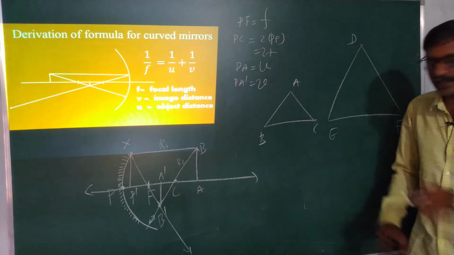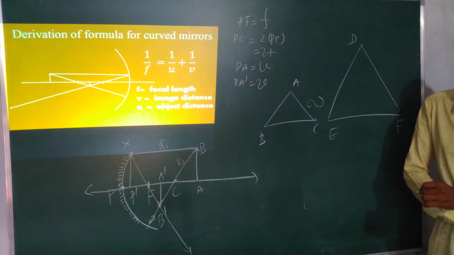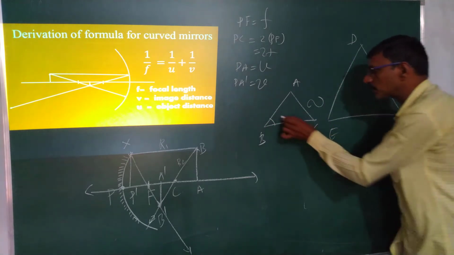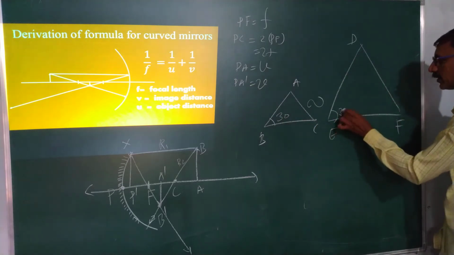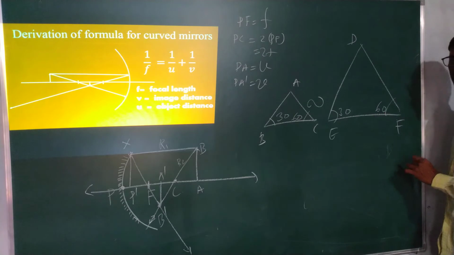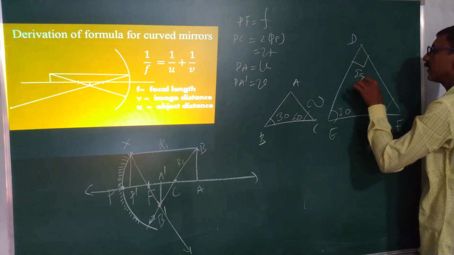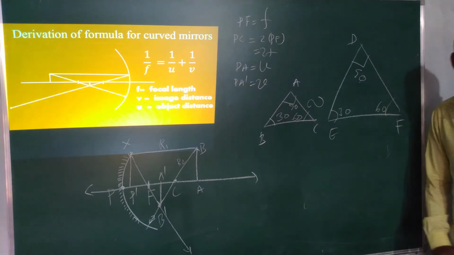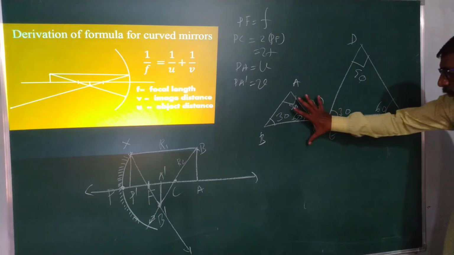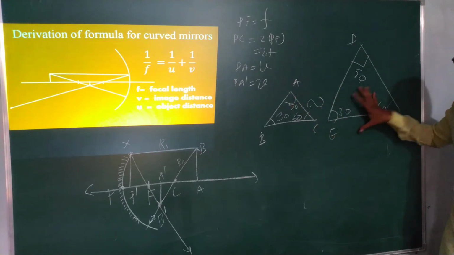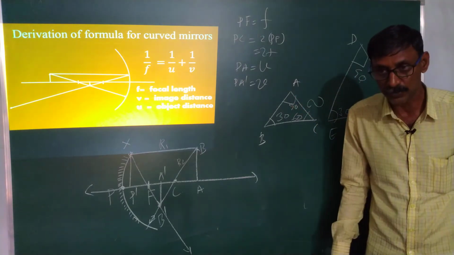If these two are said to be similar, corresponding angles are equal. That means if this is 30 degrees, this must be 30 degrees. Suppose this is 60, this must be 60. Then this is 90 degrees, and this is also 90 degrees, because the sum of the angles in a triangle is 180. If two triangles are similar, corresponding angles are equal, and corresponding sides are in proportion.